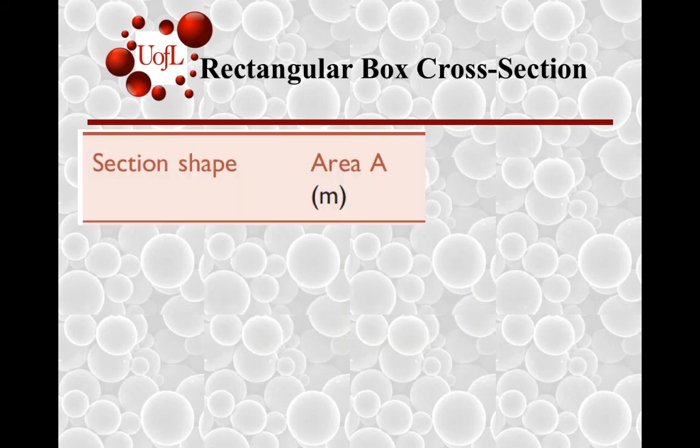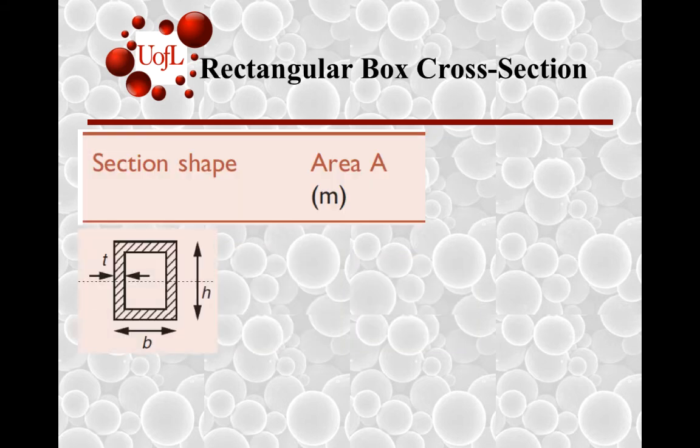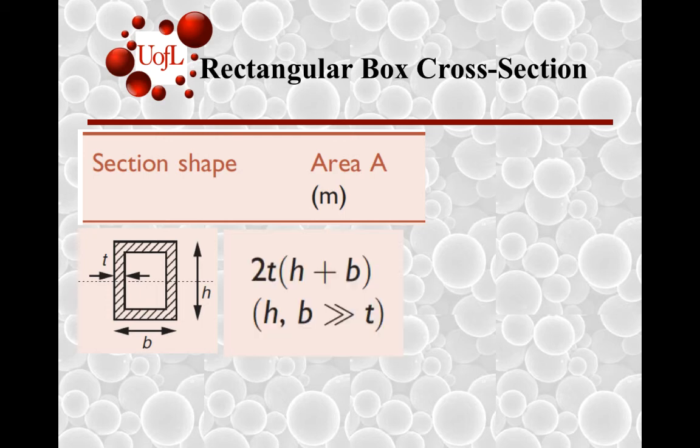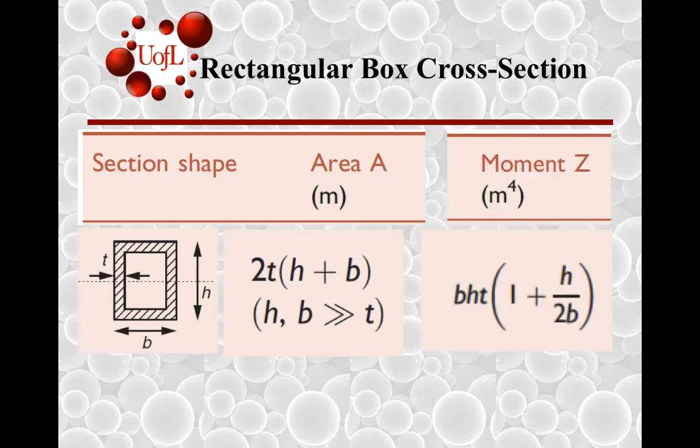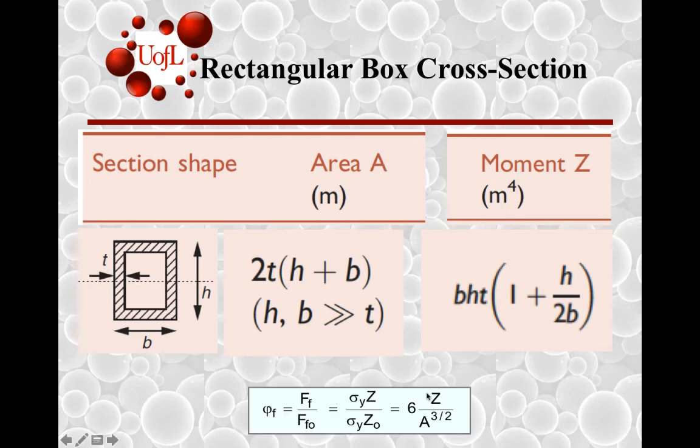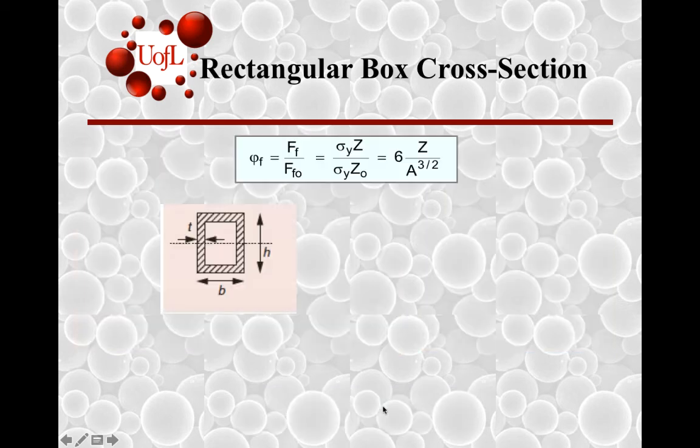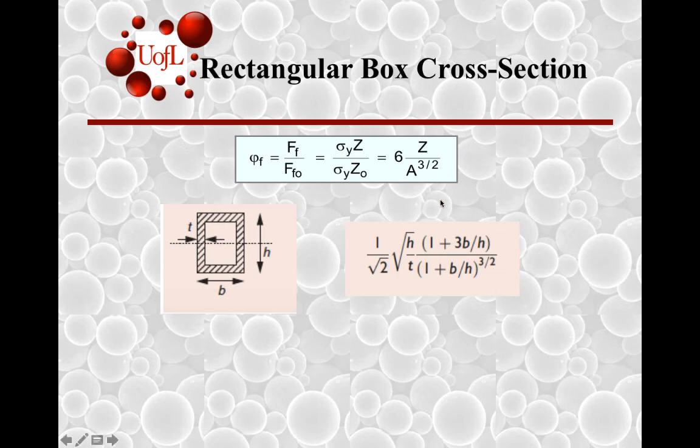For a rectangular box cross section, so it's a hollow rectangle, again t is small, and so we said that the area is 2t times h plus b, when t is very small compared to h and b, as one approximation. Moment Z in this case is given by b h t times 1 plus h over 2b. Substitute Z and A. What do you get? What you get is this term over here that depends just on h, t, and b.